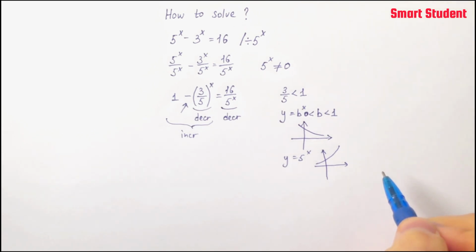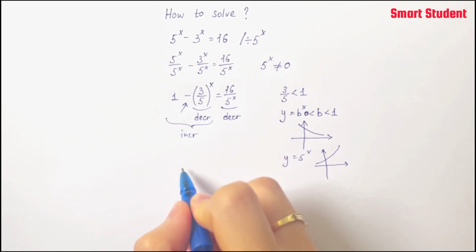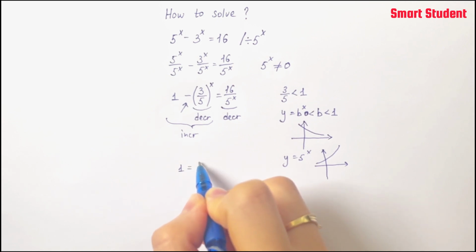So we have an increasing function on the left-hand side and a decreasing function on the right-hand side, no matter how it goes. What that means is these functions are only going to intersect at one point, if they do intersect at all.